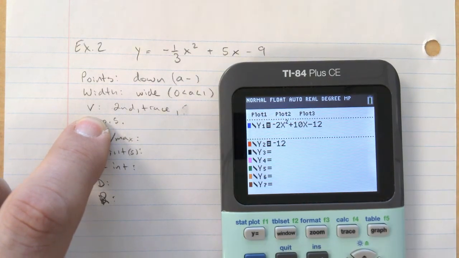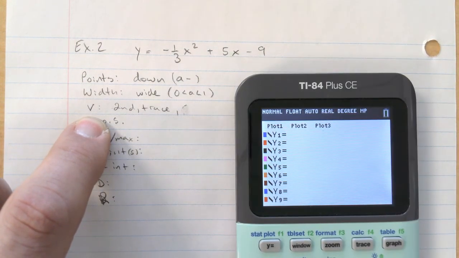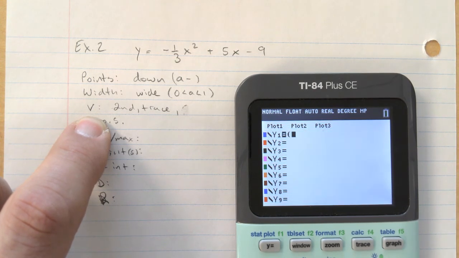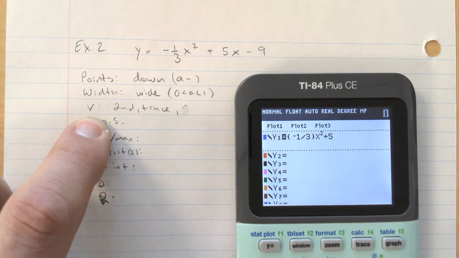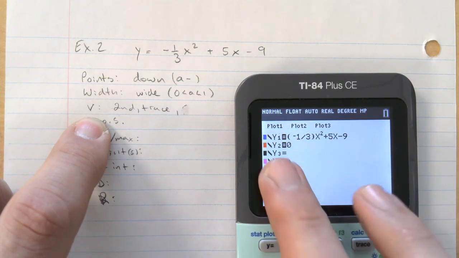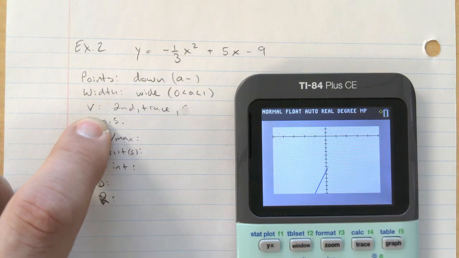All right. I'll show you first how I type this in. I'm already going to type in 0 for y2.